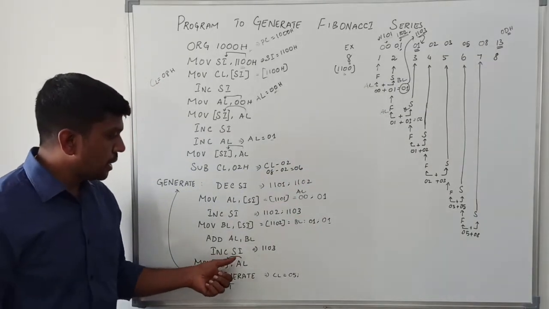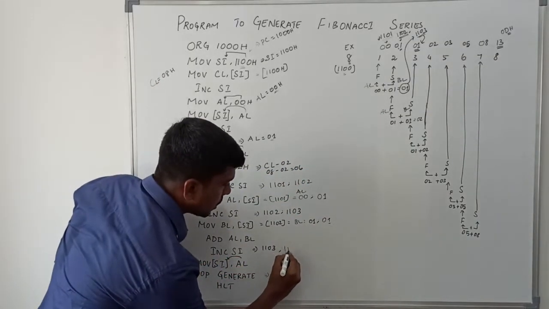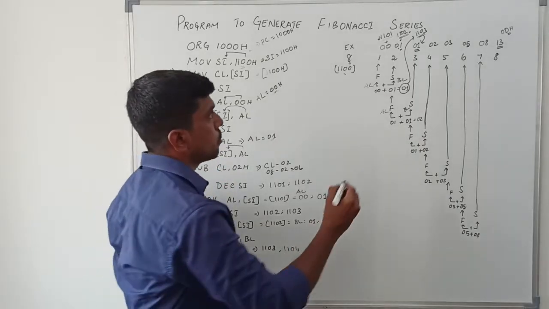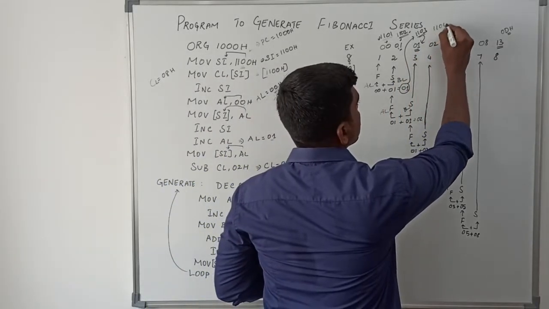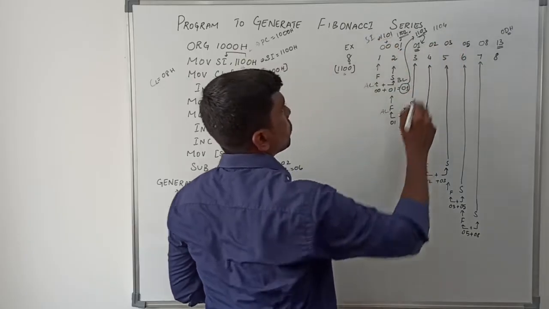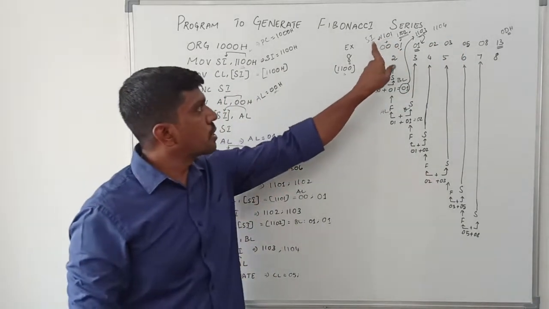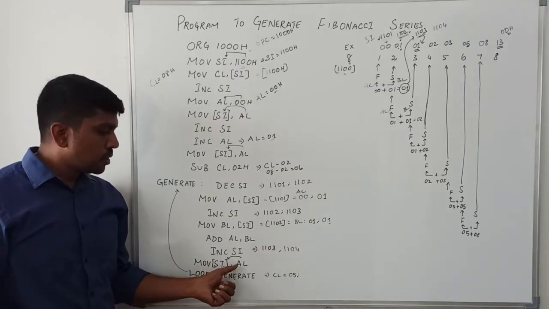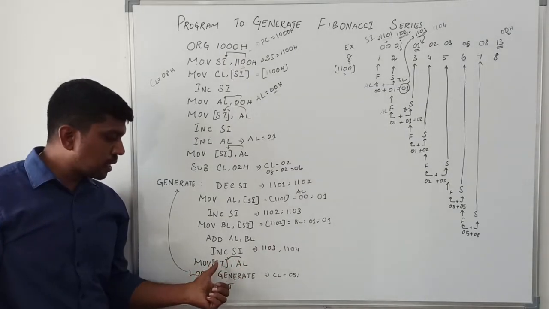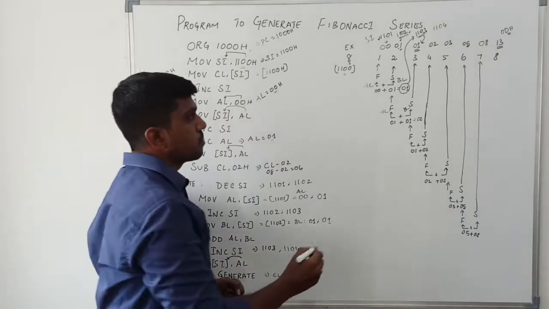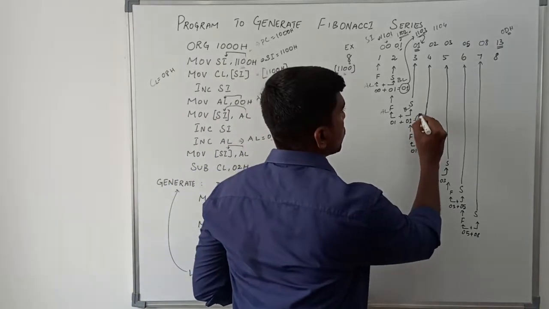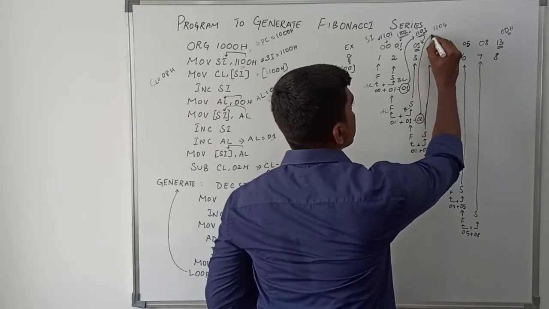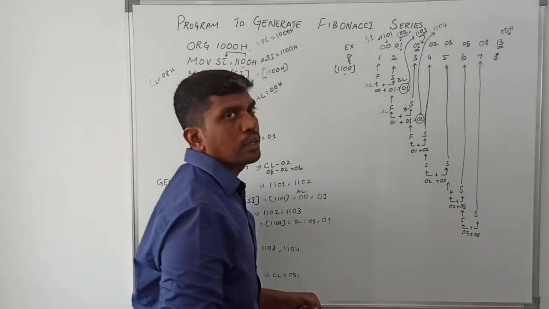Then INC SI. So the SI value goes to 1104. This register represents the source index. Now the SI value is 1104. Then MOV [SI], AL. Whatever value is present in the AL register, the content is transferred to [SI]. Now the AL register content is 02, so this result is transferred to the memory location 1104.